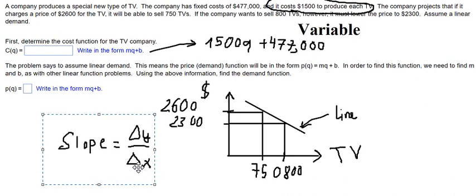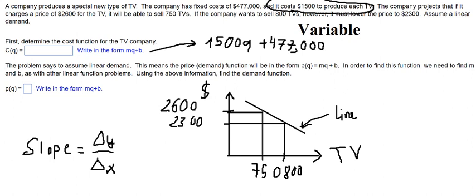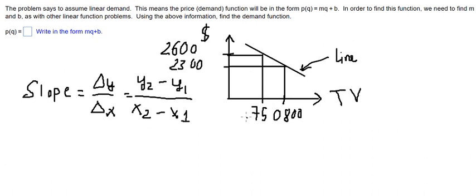So if we look at the graph, we have y2 minus y1 over x2 minus x1. So y2 is this one in here, and that's 2,300. y1 is 2,600, because this value of 800 goes first, and later the other goes second in here.